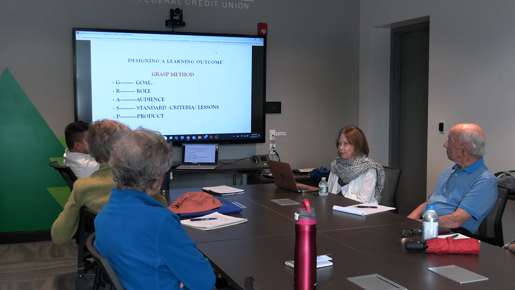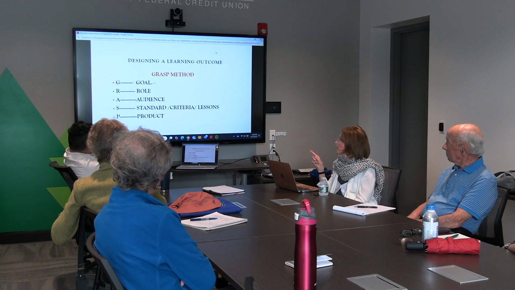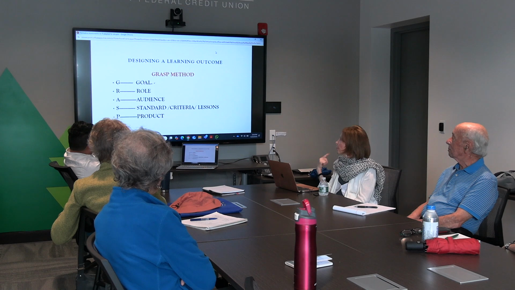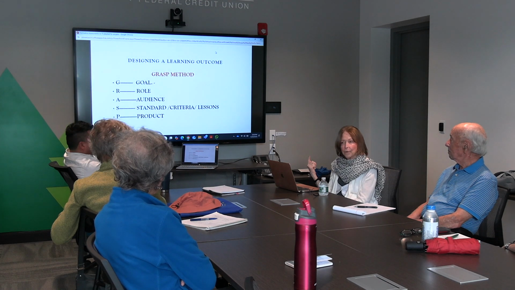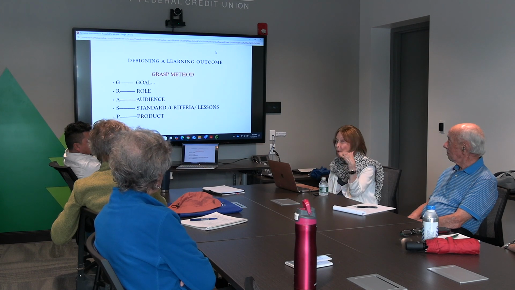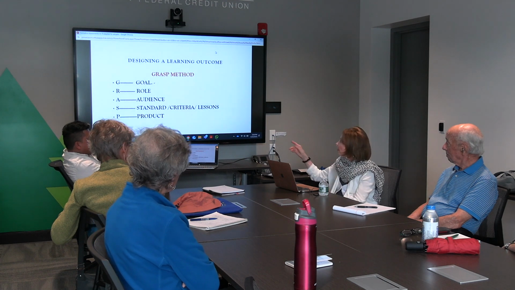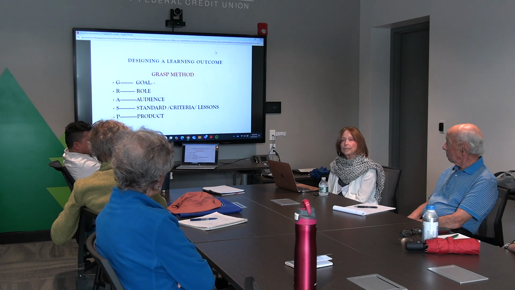You're the audience, so you have a role. Then you think about the standard or criteria or lessons that are required to have that conversation. You have to develop that. You have to think about, well, what lessons would get her to have this conversation? And then the product is a recording of the conversation.